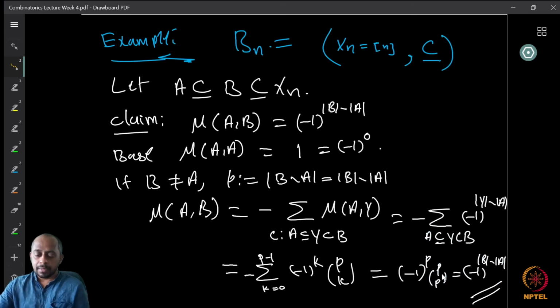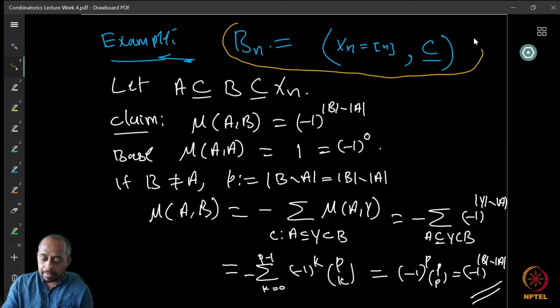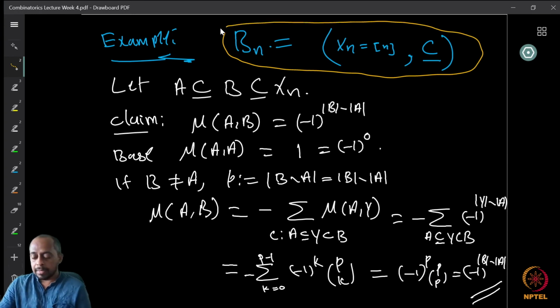One more example. Let us look at the poset Bn, which is the poset of all the subsets of an n-element set ordered by the inclusion.